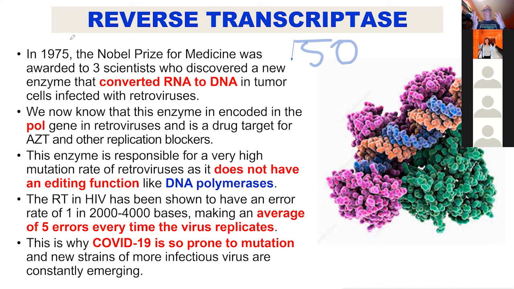At this point, we still don't know whether it's going to cause more severe disease. The very first indications from South Africa are that it causes less severe disease, but that was in a population of mostly healthy younger people, so we don't really know that yet.